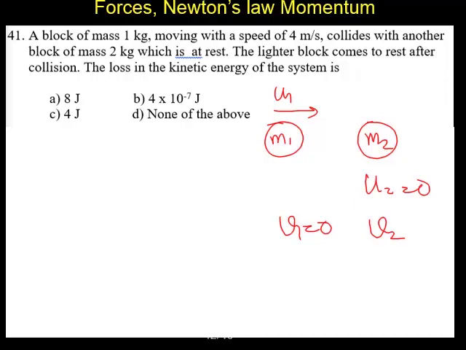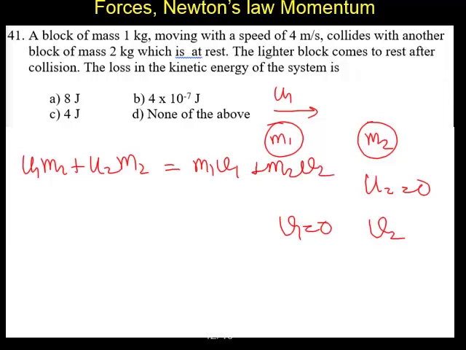So in the first case, using law of conservation of momentum, we can say total momentum before collision is u1 m1 plus u2 m2. Total momentum after collision is m1 v1 plus m2 v2.